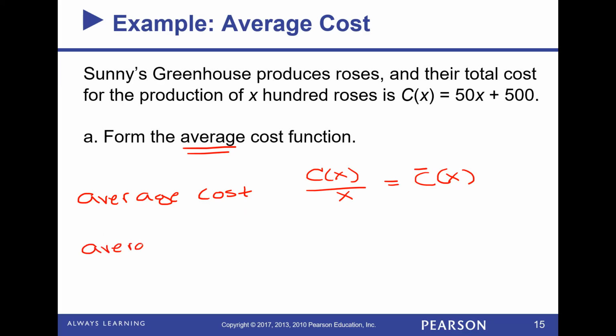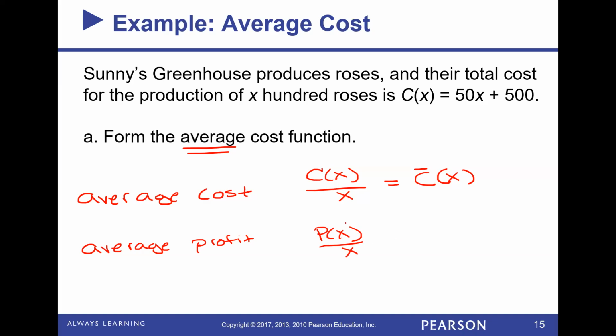This can be repeated for anything. If I say my average profit, I would just take the profit function and divide by x, whatever the profit was, divided by how many items you produced.